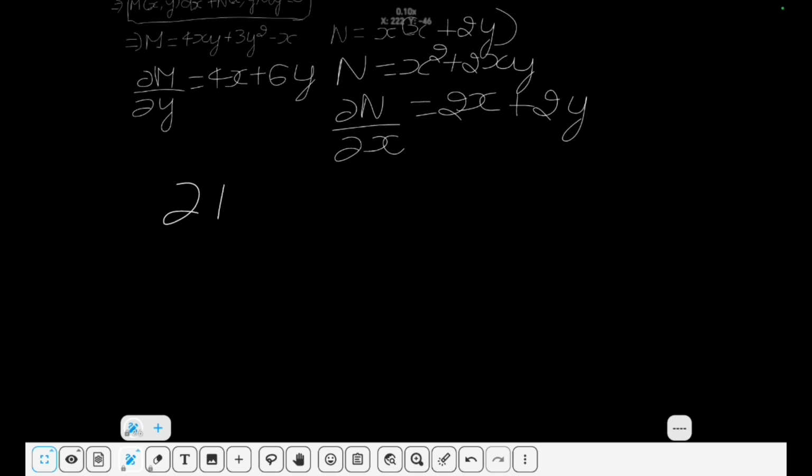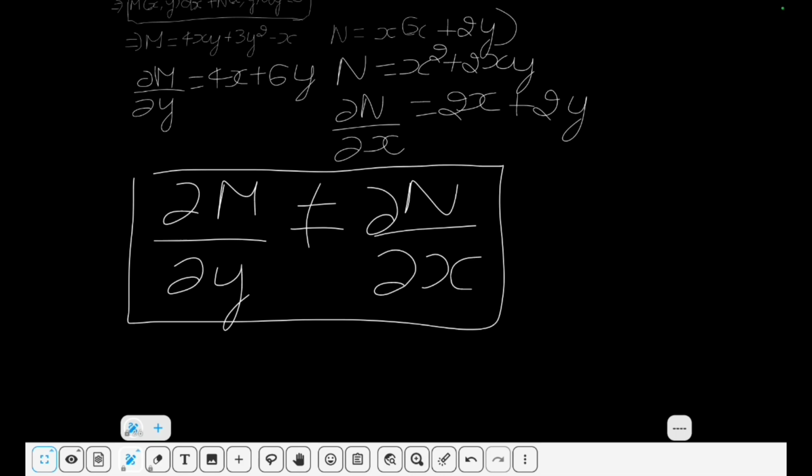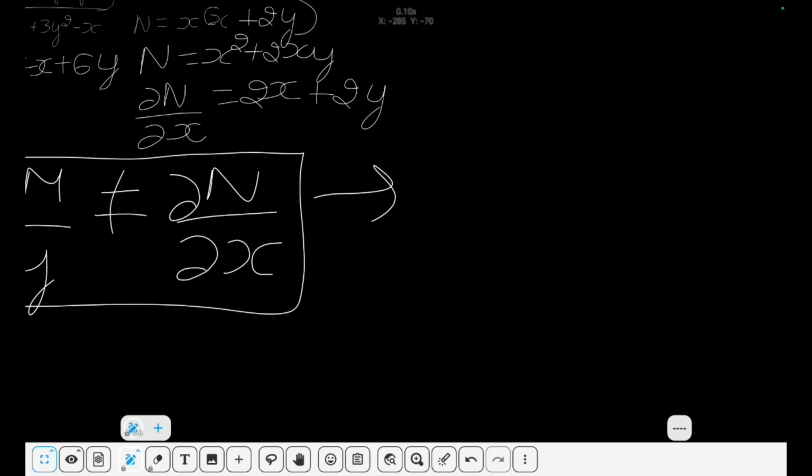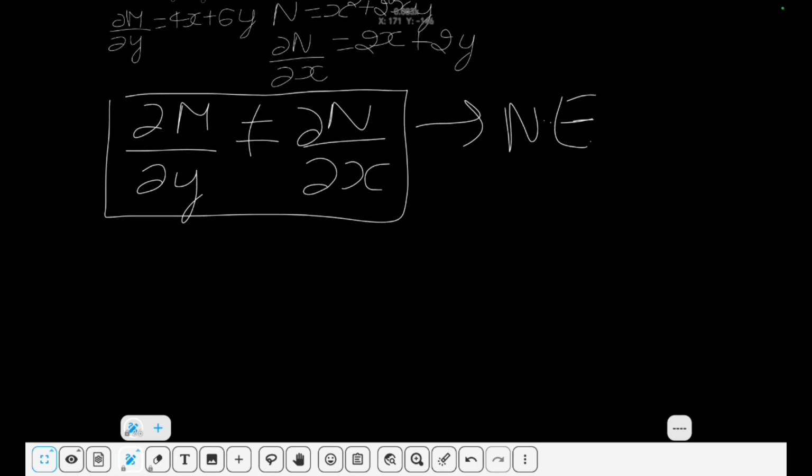So ∂M/∂y is not equal to ∂N/∂x, because 4x + 6y is not equal to 2x + 2y, so we can say that it is not exact. I'll write it in short form, but please do write it in full form.